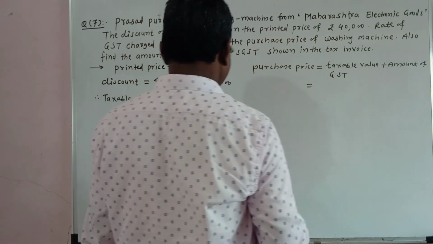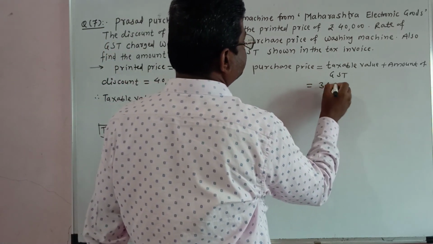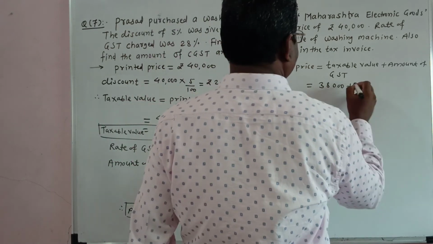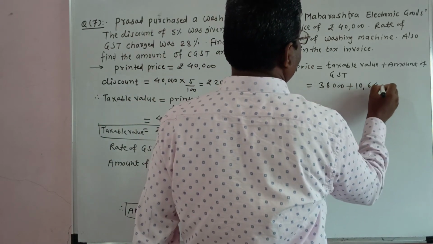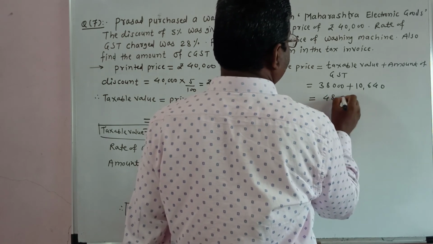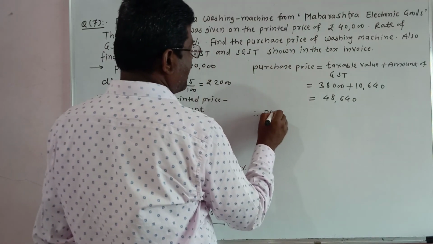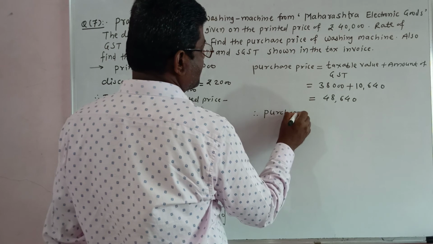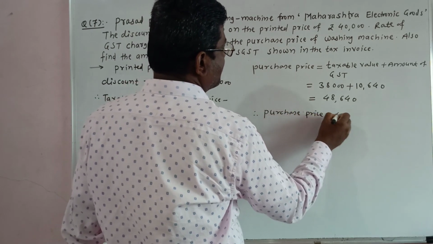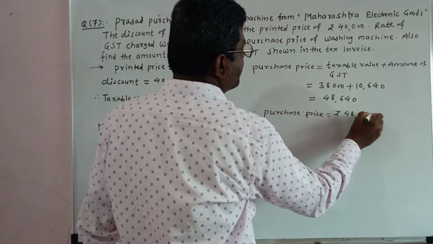The taxable value is 38,000 and the amount of GST is 10,640, so that will be 48,640. Therefore, the purchase price is equal to rupees 48,640.